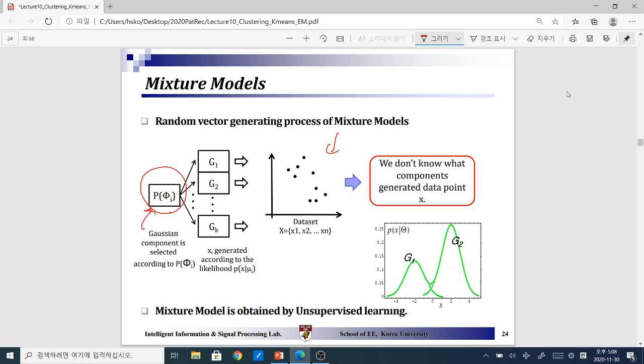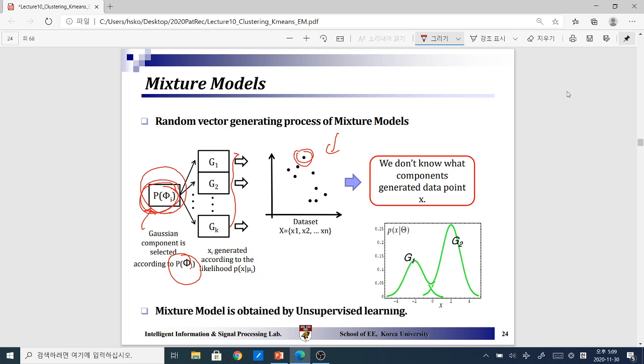This block tries to randomly select, in order to generate a particular sample, which of the Gaussian models this sample is going to belong to. That is represented in terms of probability, so this probability assigns which Gaussian model this particular sample belongs to.